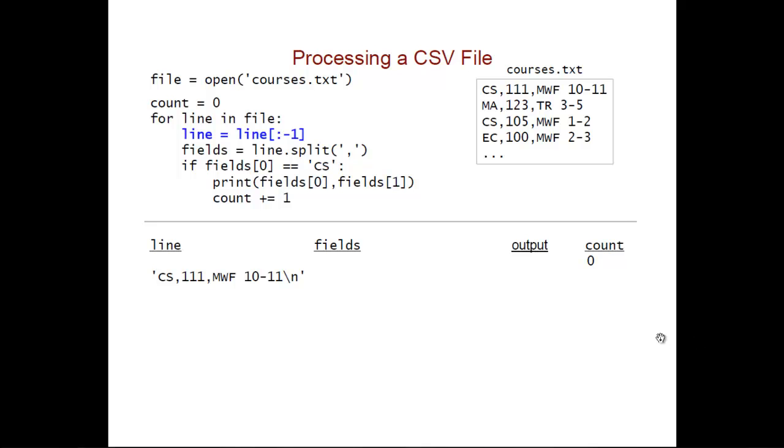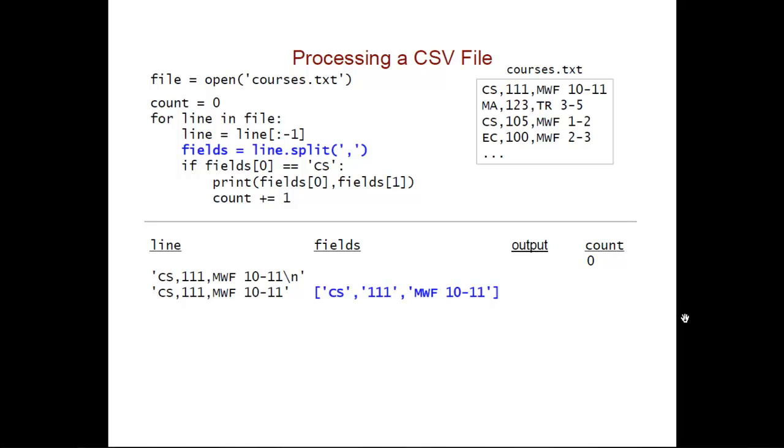After doing that, and assigning the slice back to the variable line, line is now going to look like this, so it has the entire first line, but it no longer has the new line character at the end. We then use the split method inside the string to split on the commas, and that'll give us back a list that we're assigning to the variable fields, and each element of the list is one of the fields from that first line.